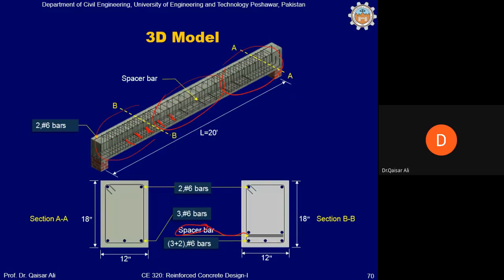We will discuss this later in shear design, but you know that if you see the shear force diagram of this beam, it will be like this. Shear demand is greater at the support and smaller at the center. That is why the stirrups are provided at closer spacing at the ends and wider spacing at the center.